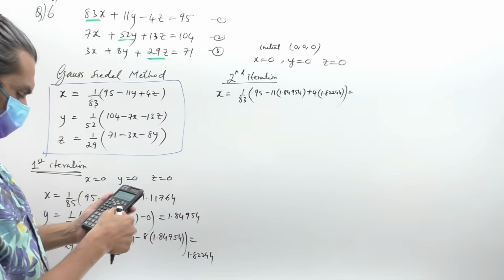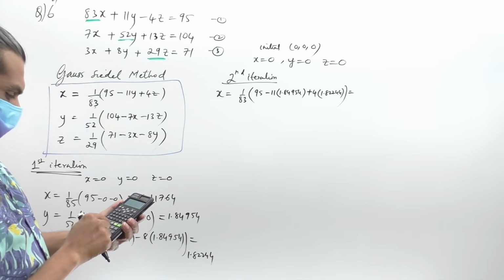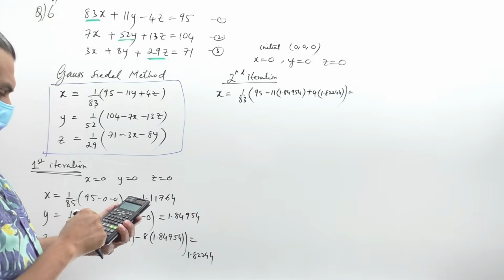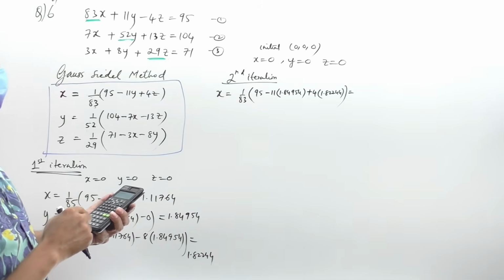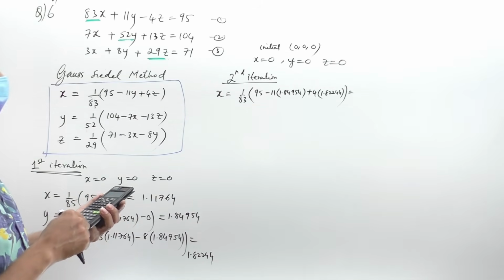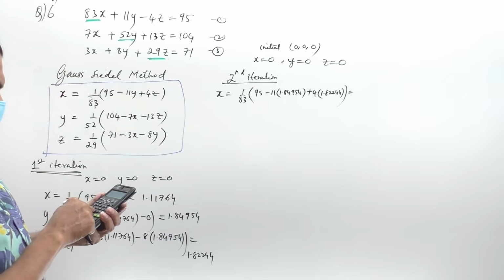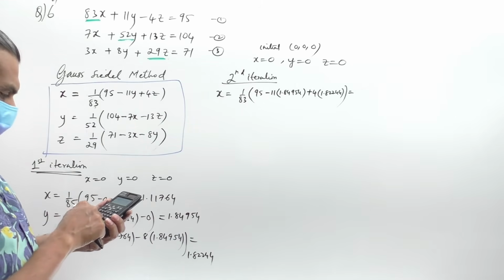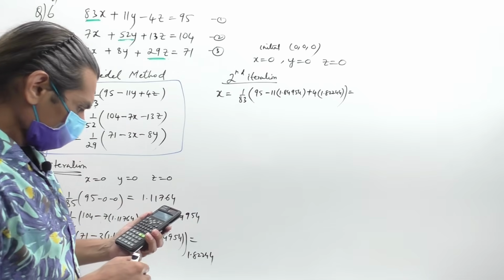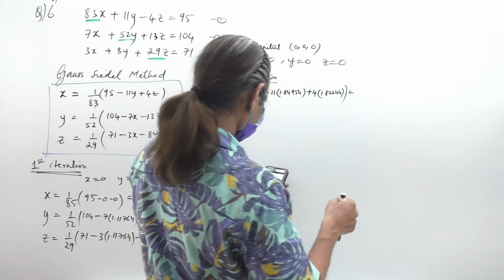So this will be now 95 minus bracket 11 into 1.84954 bracket closed, plus bracket 4 into answer, divided by 83, I am getting 0.98728.